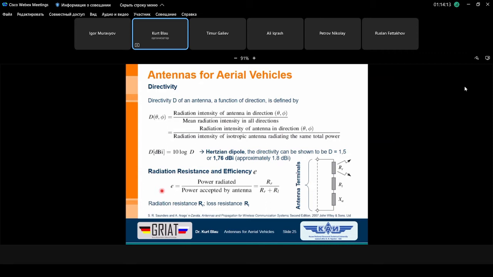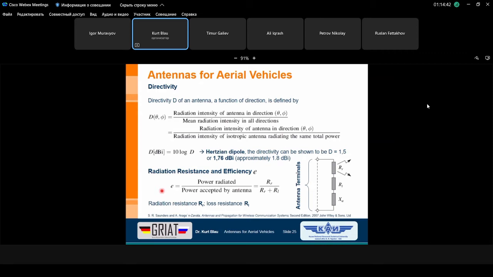All these parts have a limited conductivity. In many simulation programs you have a perfect electrical conductor, which assumes that the conductivity is infinity. In practice we never have such a perfect conductor.